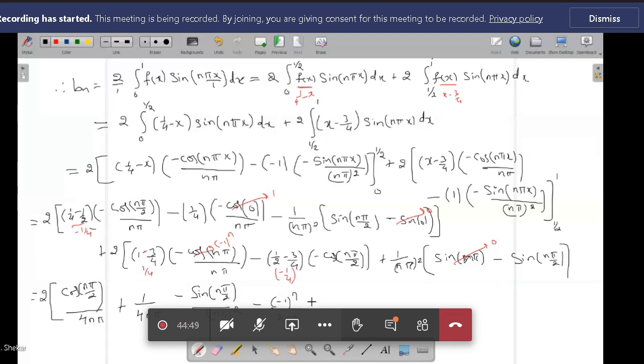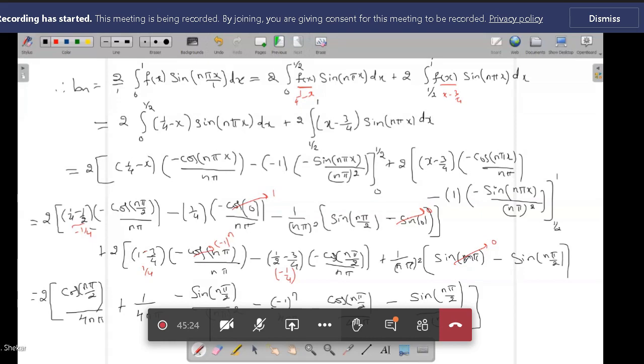So here again this minus cos n pi by 2 divided by 4, I missed n pi here, 4 n pi, and then plus, so sin 0 is 0, not plus actually, so minus into plus is minus, so minus sin n pi by 2 whole divided by n pi whole square.